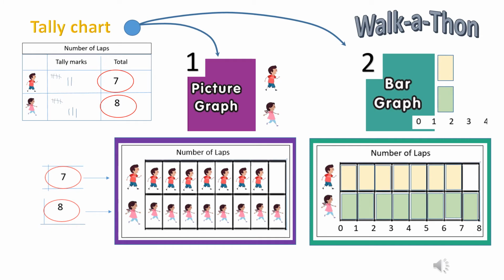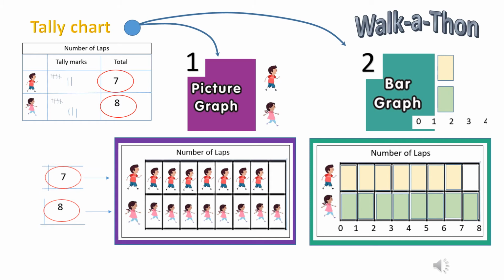Now let's look at number 2, the bar chart. I still have a picture of a boy and a girl, but this time I'm not putting the pictures in the boxes. I'm just filling up the number of boxes to match their total number of laps. So again, in the row for the boys, there are 7 yellow boxes.